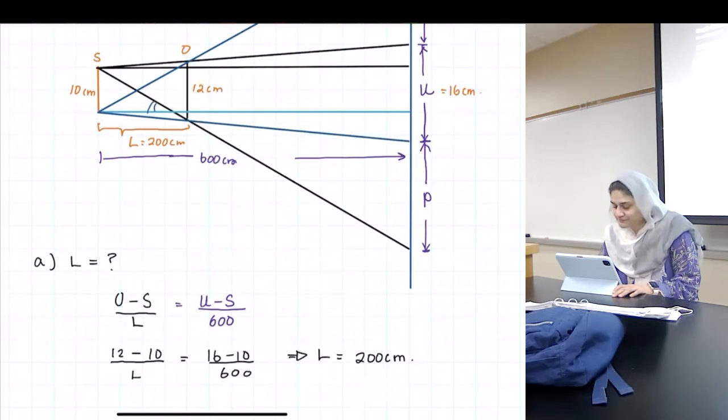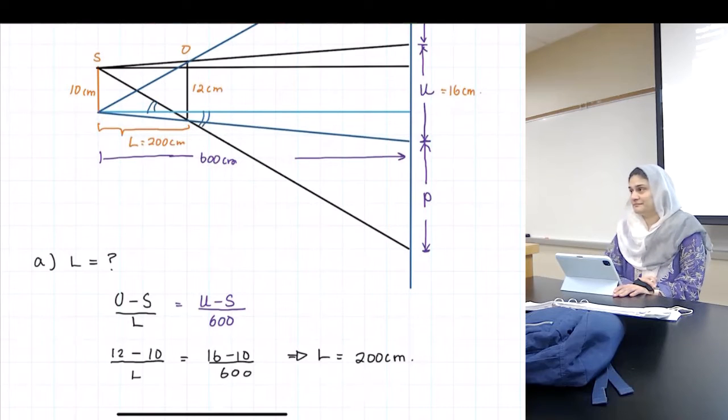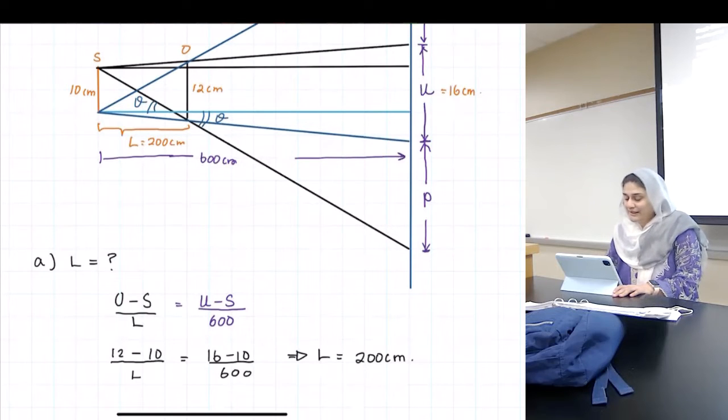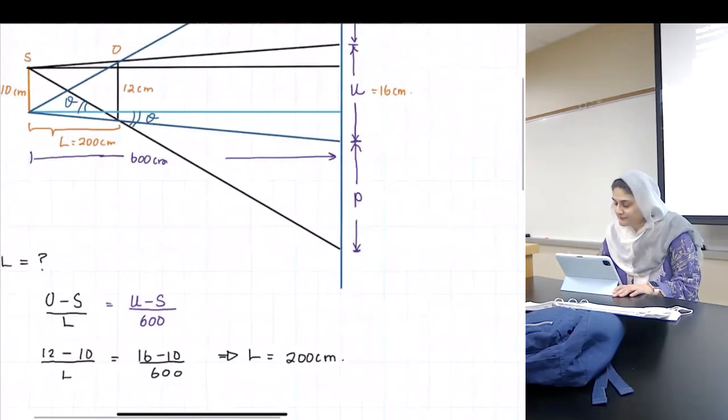This angle is the same as that angle, correct? If I call both of these theta, can I write tangent of theta equals perpendicular over base?